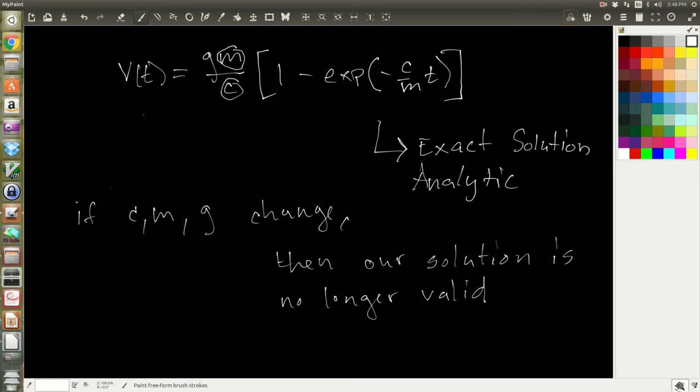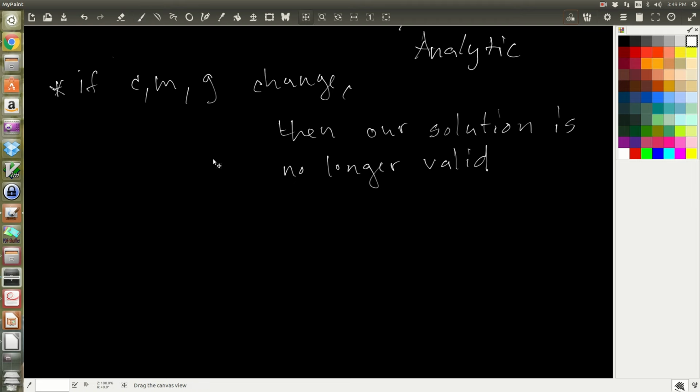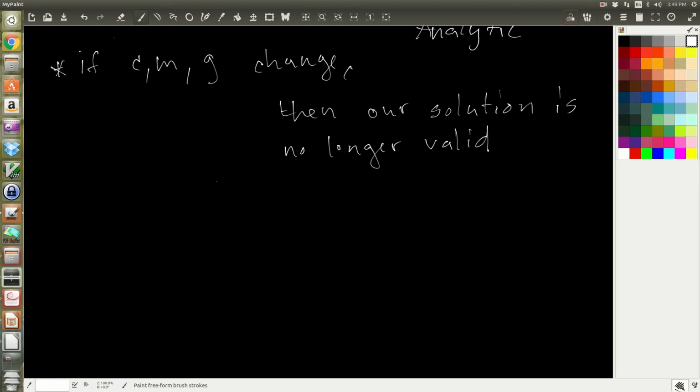The other reason, and this is probably the bigger, more important reason, is that most realistic problems don't actually have an analytic solution, meaning they don't have a solution that you can write down in the form of an equation. They just, in calculus, we don't know how to solve for analytic solutions for them. The analytic solutions that exist really only exist for simple cases that we can use to illustrate, like this one.